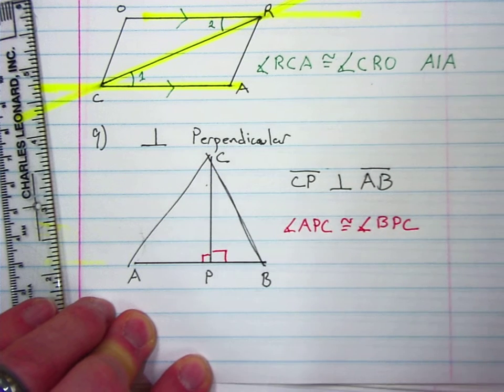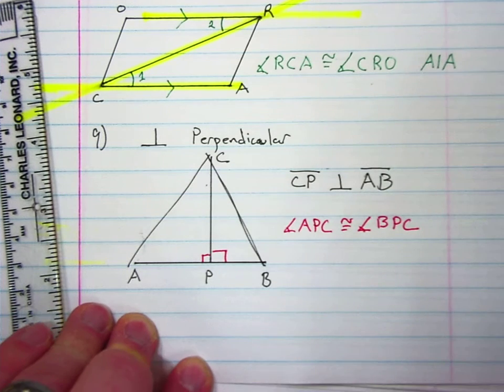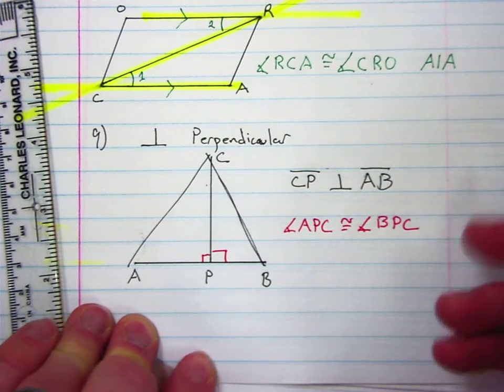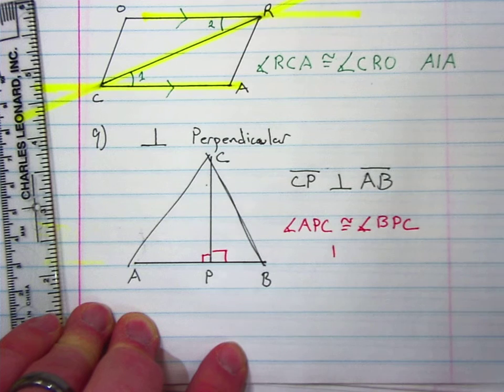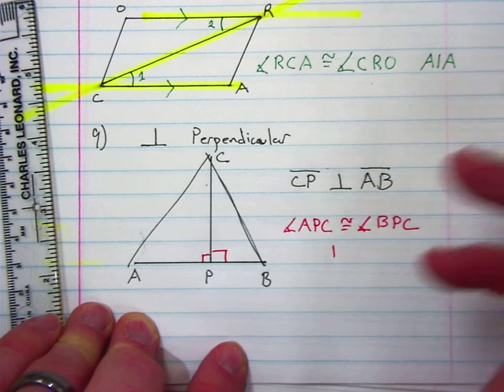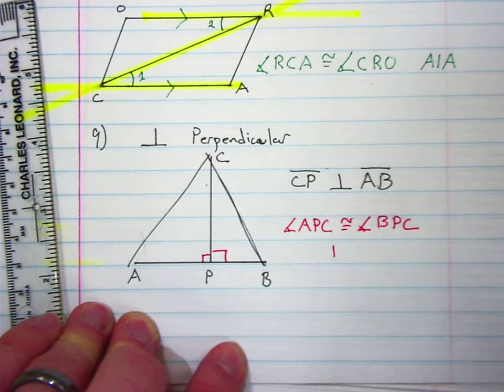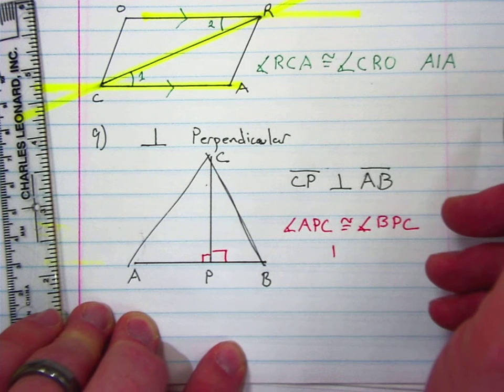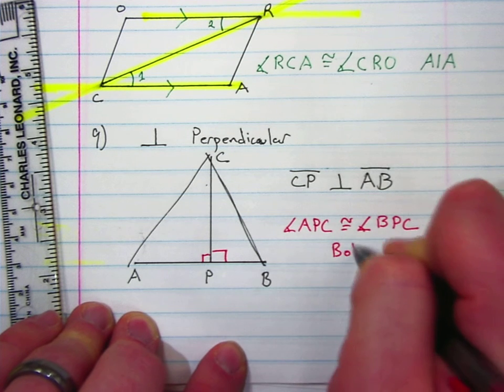And I'm willing to take, I mean, you could write that they're both right angles, but why don't we just write, definition of perpendicular doesn't sound quite right. Transitive property with perpendicular, but let's just write both 90 degrees.